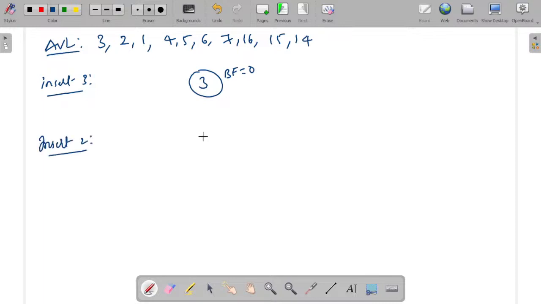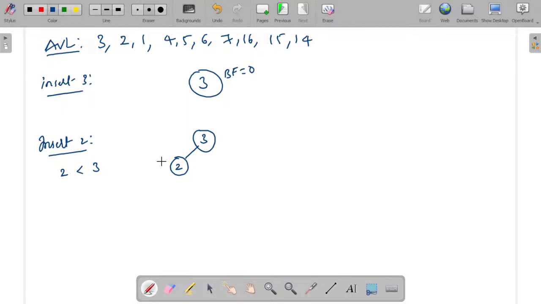As there is a node already in the tree, I first make a comparison between the root node and the new element, so 2 and 3 are compared. 2 is smaller than 3 and the left child of 3 is null, so I can insert 2 directly as the left child. As the insertion completed, now we have to calculate the balance factor.